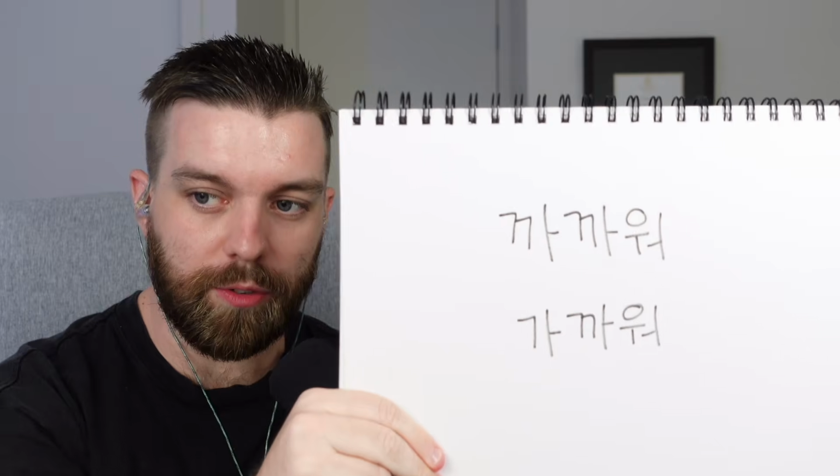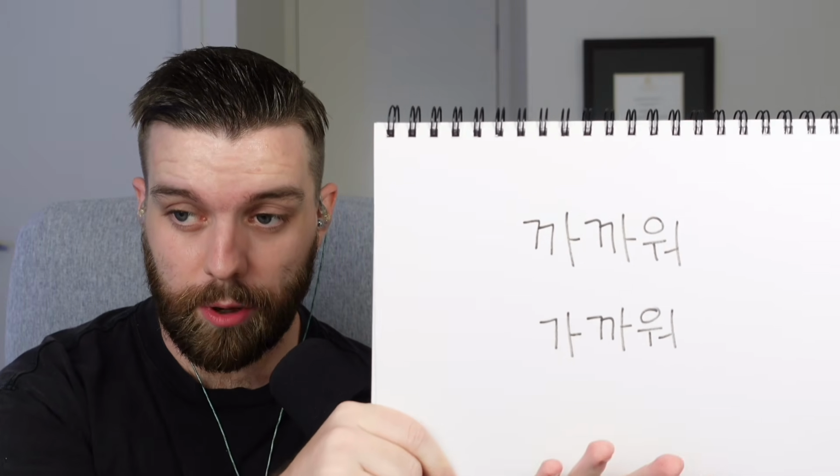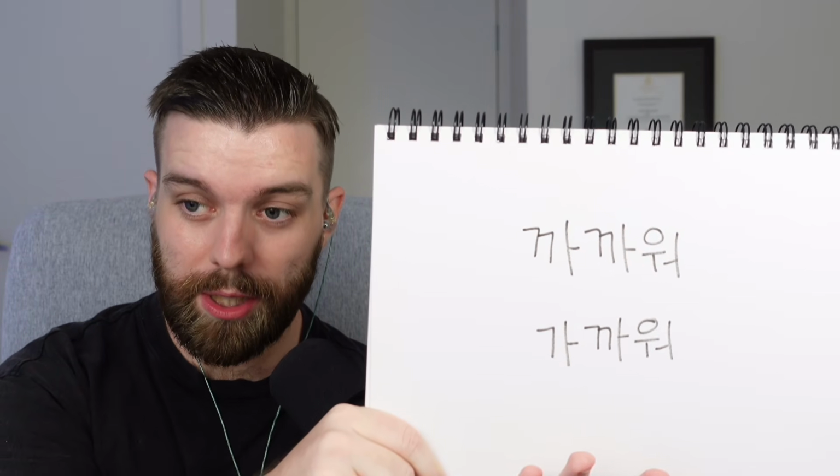I just want to see if you guys can hear the difference. One of these words means to be close, right? For something to be like physically close to you, like within a close distance. See if you can hear the difference with these pronunciations. Only one of them is correct, right? The top one is 가까워, 가까워.